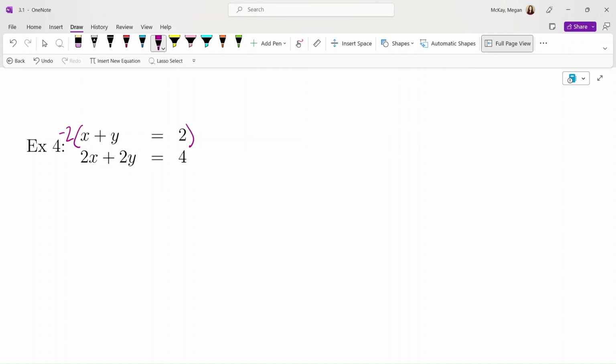That way we'll end up with a negative 2x, and that'll cancel with the positive 2x. Alright, so we have negative 2x minus 2y is equal to negative 4. And we don't change the bottom equation. We have 2x plus 2y is equal to positive 4.